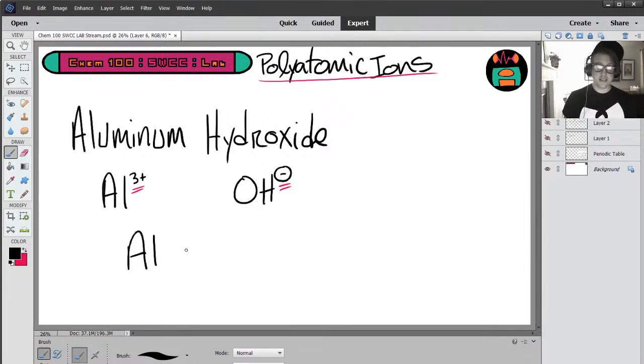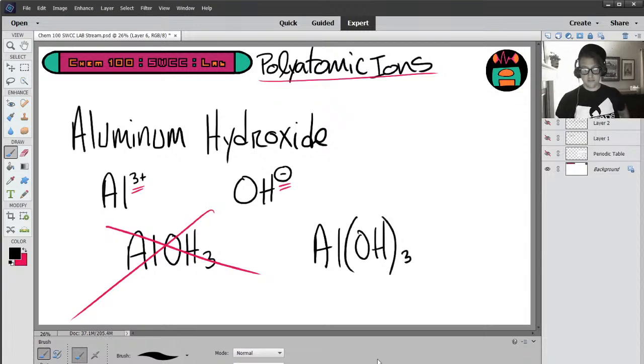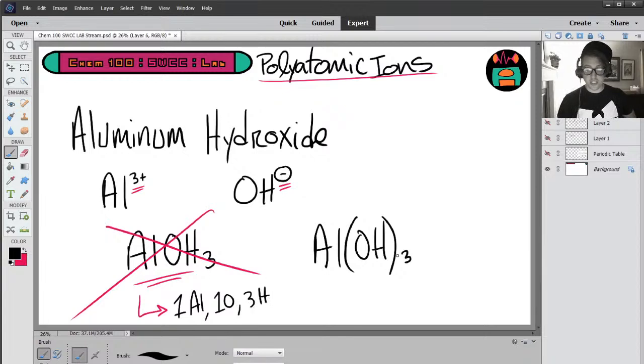And there's a right way to do this and a wrong way to do this. This is the wrong way to do this. Whenever you have more than 1 polyatomic ion, and this is the only twist, you have to put it inside parentheses. This tells me that I have 3 hydroxides. The reason the wrong way doesn't work is technically this chemical formula has 1 aluminum, 1 oxygen, and 3 H's, which is not aluminum hydroxide.